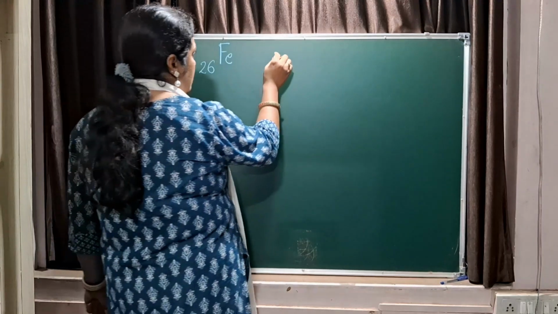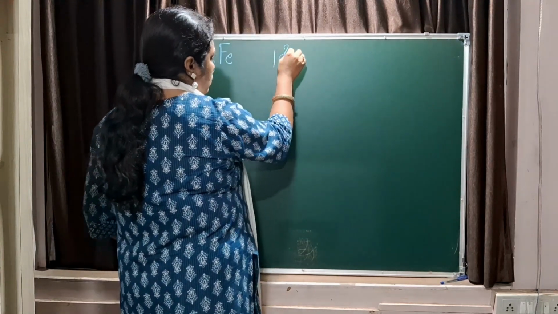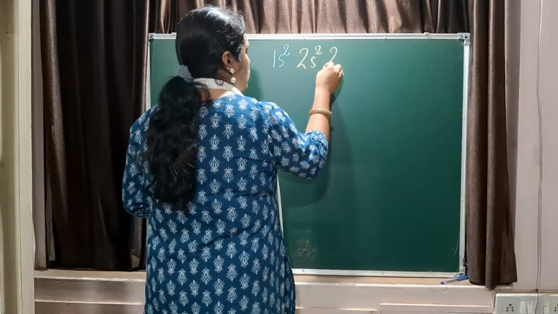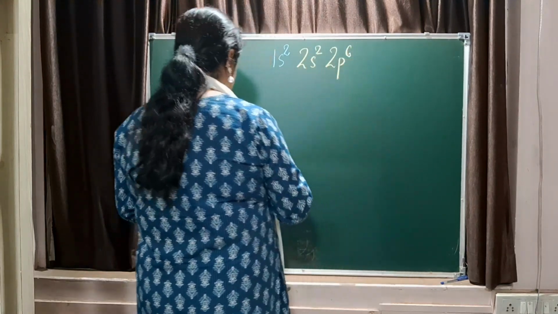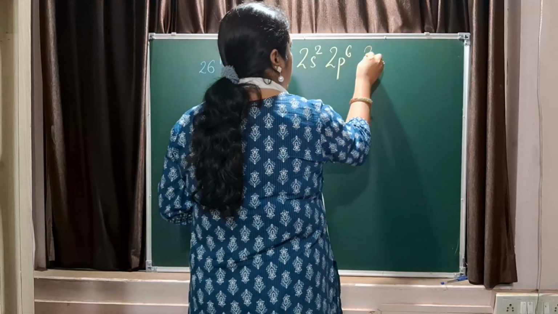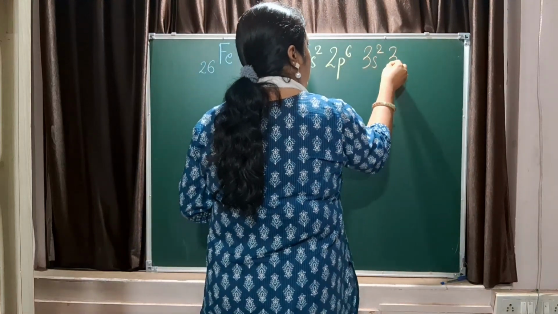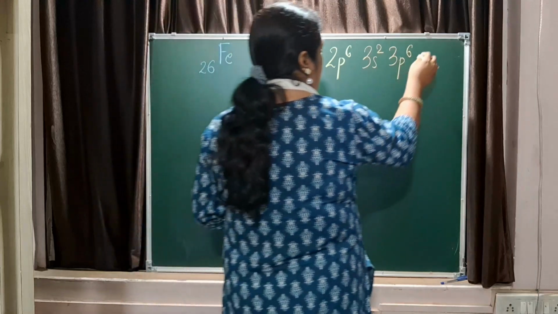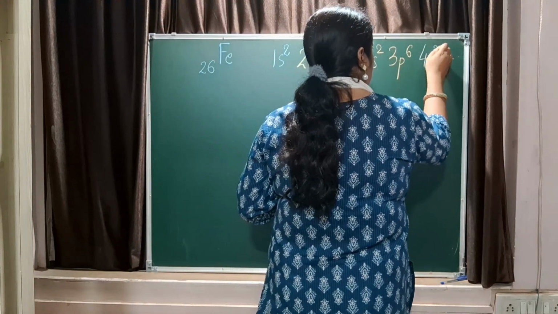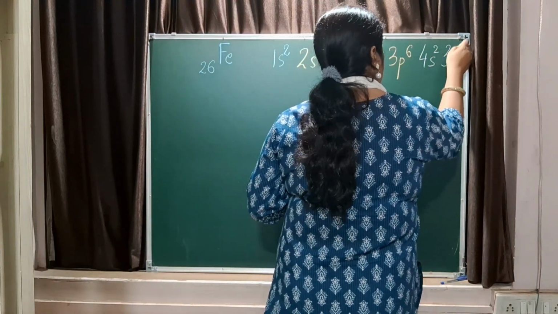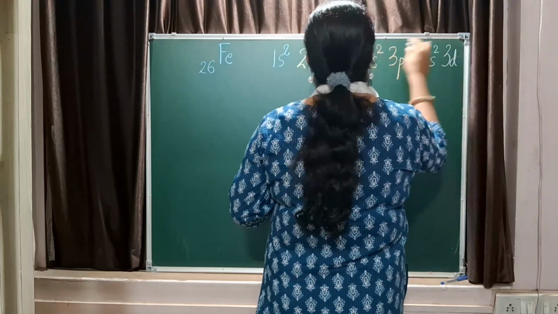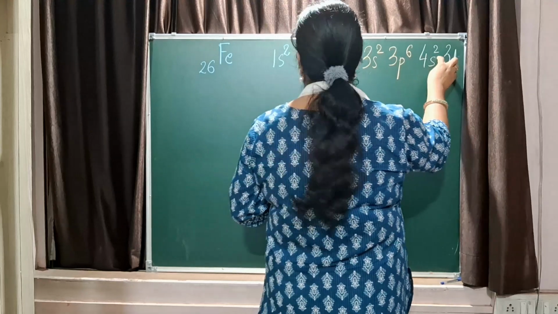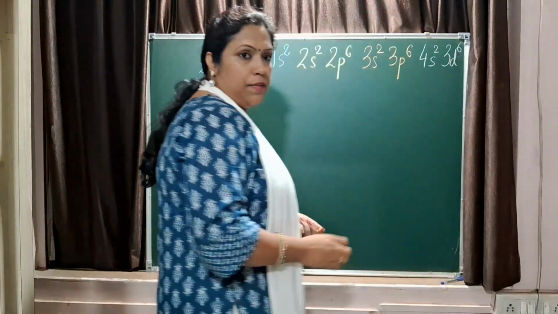Simple process: 1s2, 2s2, 2p6, 3s2, 3p6, 4s2, 3d6, that is 2 plus 2, 4 plus 6, 10, 12, 18, 20, 26.